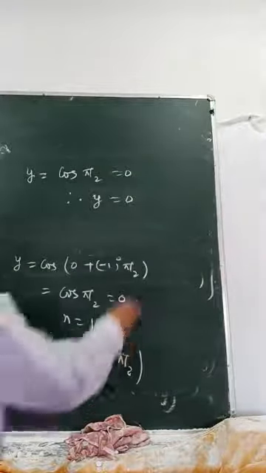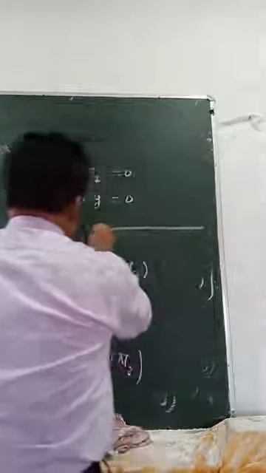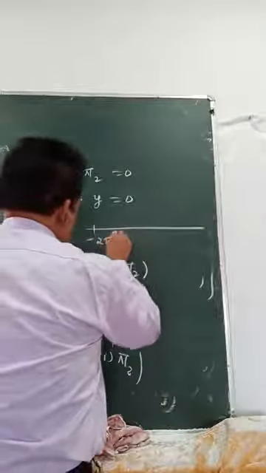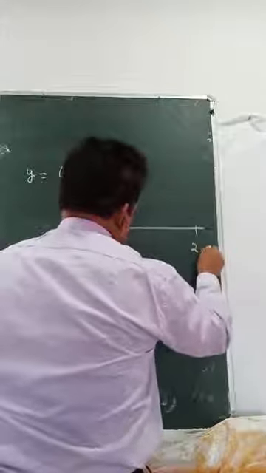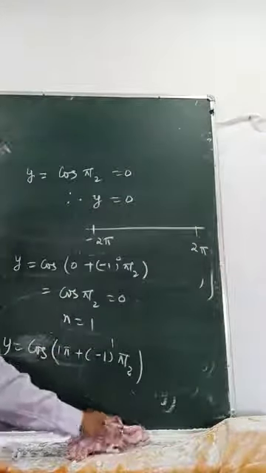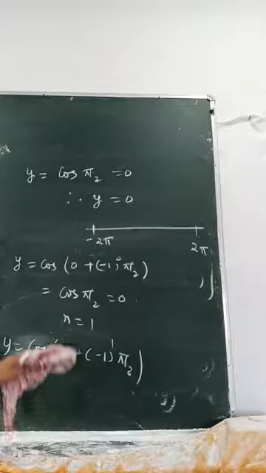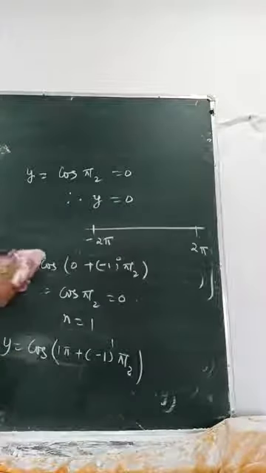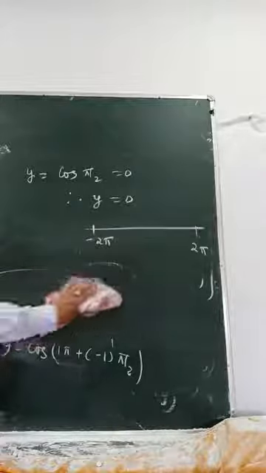So y is always 0, but what are the values of x between minus 2 pi and plus 2 pi? When y is 0, what are the values of x? What is the x given to us?